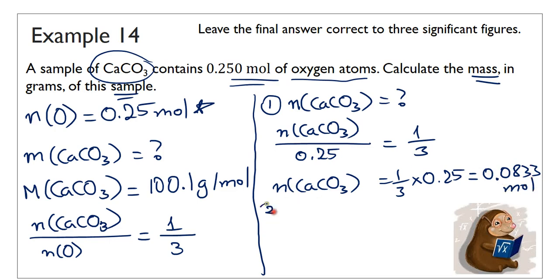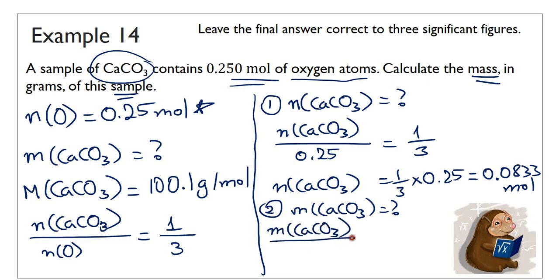And then from here, we're going to find the mass of calcium carbonate, which is the actual unknown in the question. So the mass of calcium carbonate, using the number of mole of calcium carbonate, which is 0.0833, is going to follow a ratio of 101.1 grams over 1 mole.